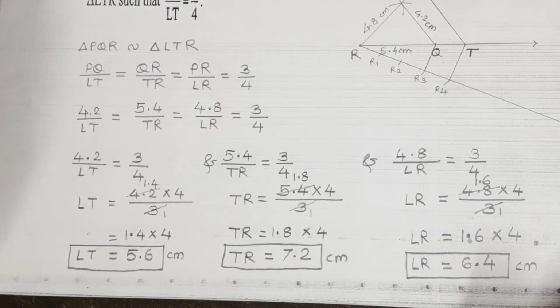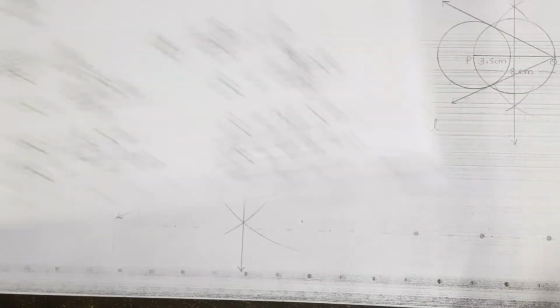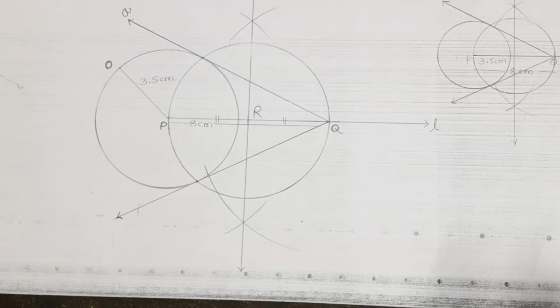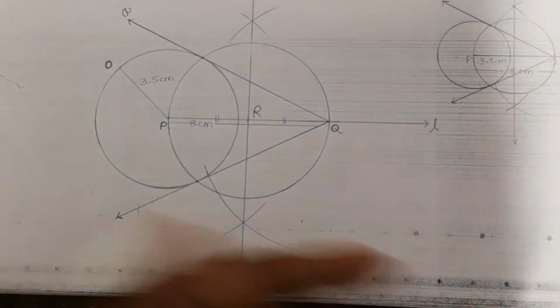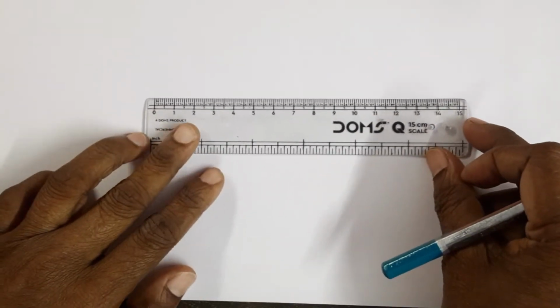So one by one we have to draw the figure. Okay, so now taking another page to construct here. So first I draw the base QR which is of 5.4.